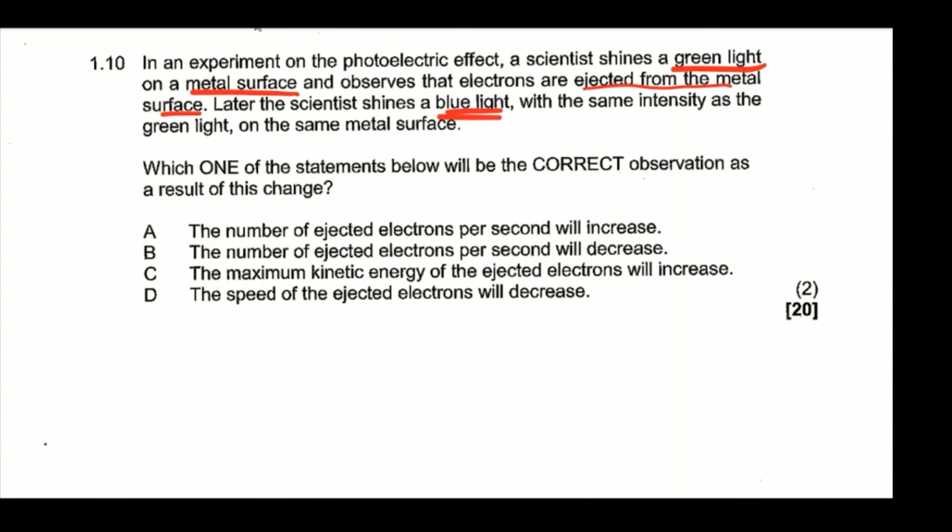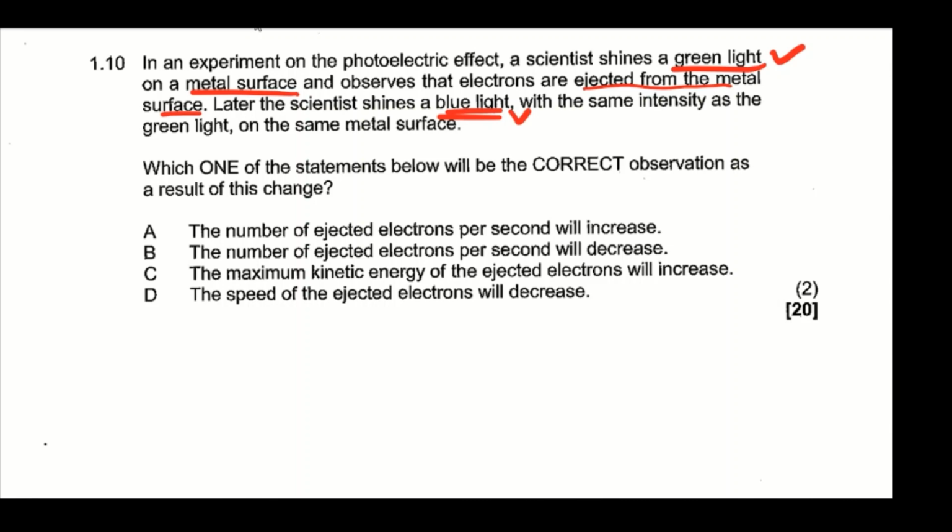So this is important: it first shines a green light, then shines a blue light. These two lights have different wavelengths, with the same intensity. The intensity is the same, but we don't know the wavelengths. Which of the following statements will be the correct observation?